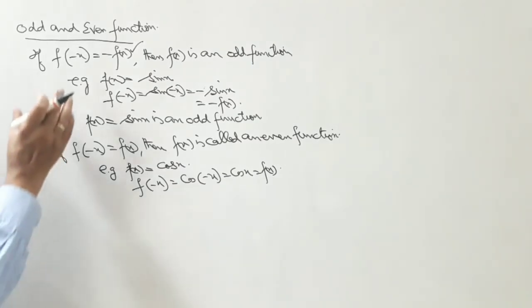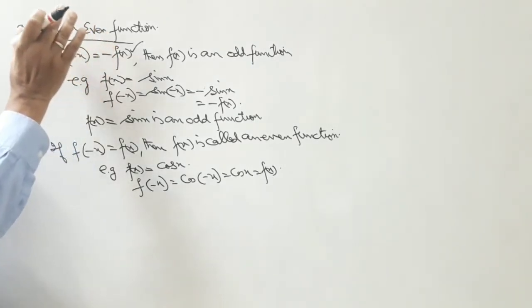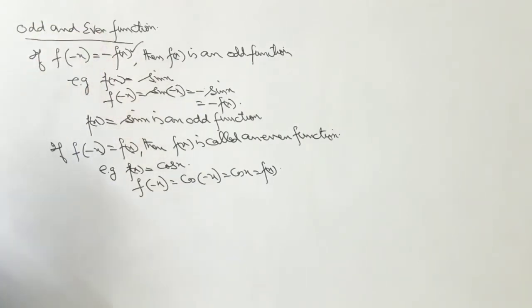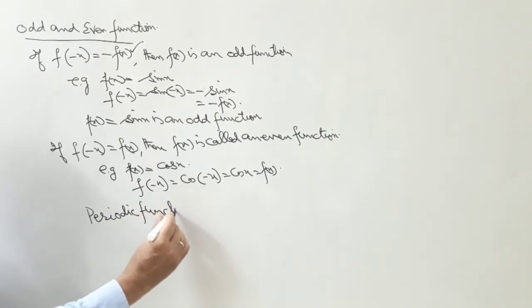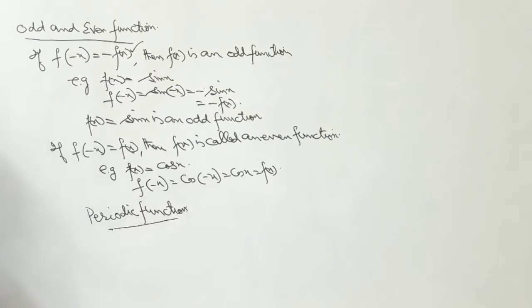Now, after having the idea of the meaning of odd and even functions, let us define here a very important, once again, periodic function. I will just tell you one or two definitions for this so that when you study the higher cases of competitions, you will not feel any problem there.